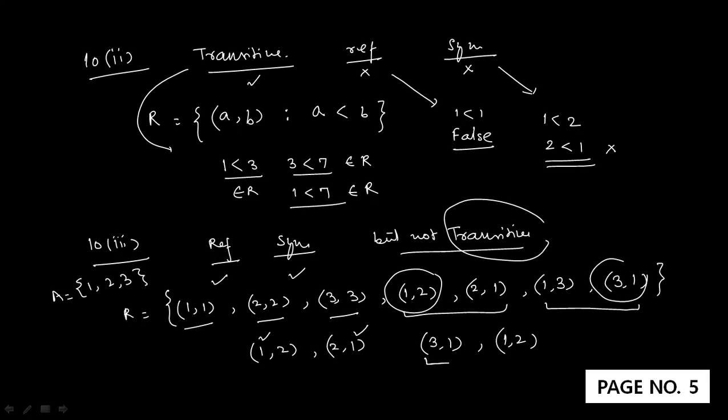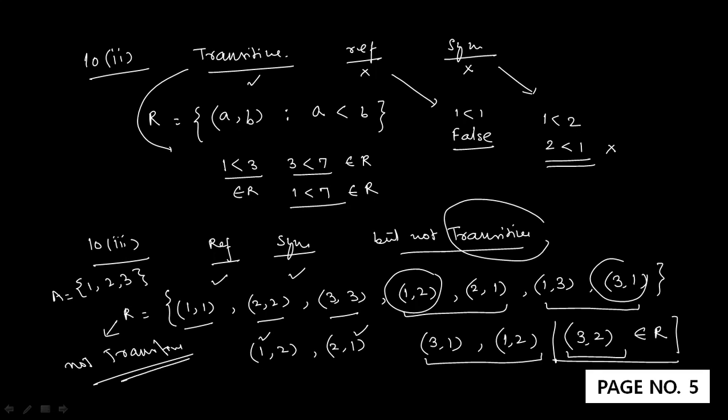What about the transitive relation? (3,2) should be present inside the set, but (3,2) doesn't belong to R. Now what is the meaning of this? It means this relation is not transitive. Now here one question is there.